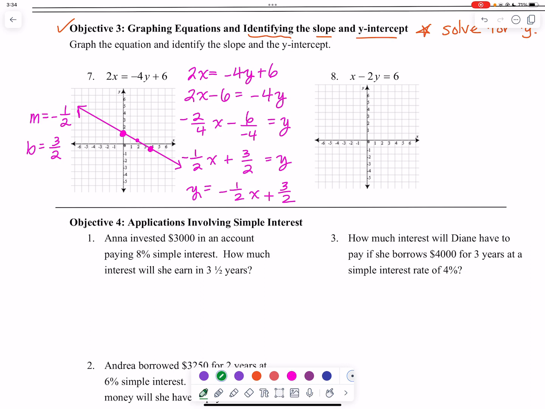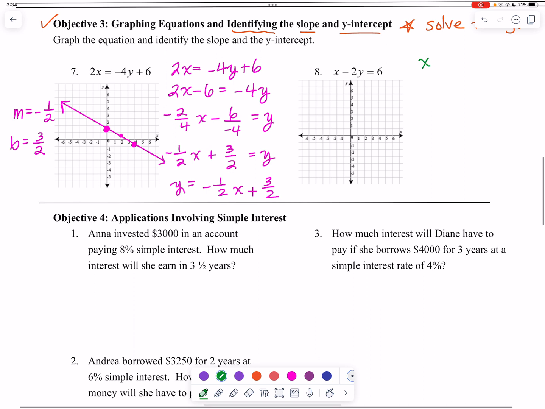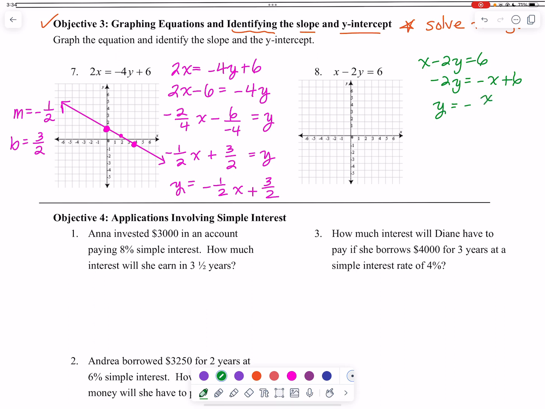Okay, let's look at number 8. I will go ahead and rewrite that equation over here. I'm going to subtract x from both sides, and now I'm going to divide every term by a -2. And as you can see, we have a positive 1/2 x minus 3.